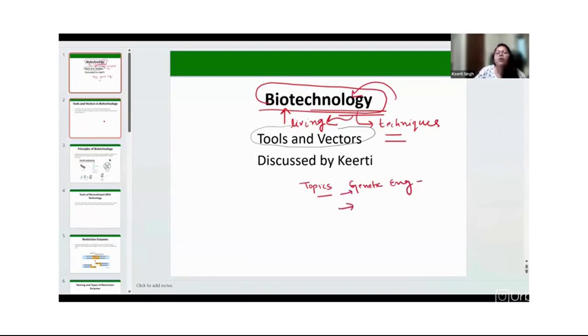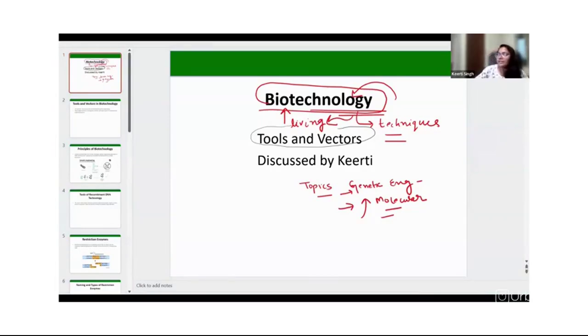We are working on the molecular level, right? The processes or the molecules that we are going to talk about are not visible to our naked eye, right? This is something that is happening on a molecular level, right?